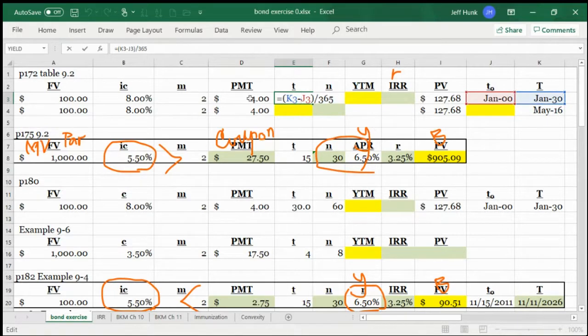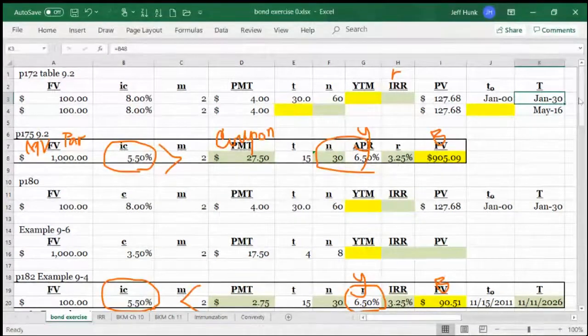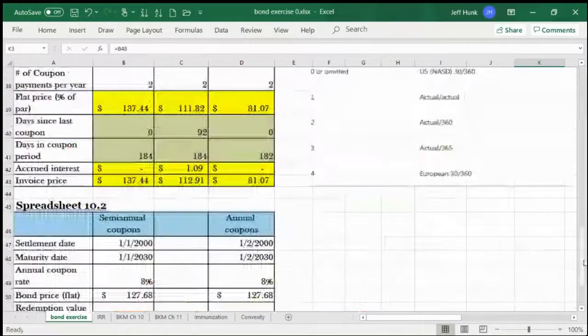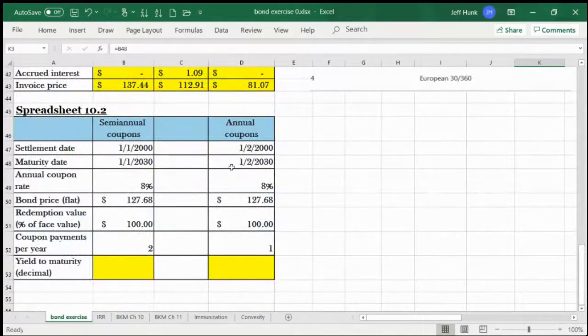And actually, these inputs were taken from the example we are going to do, using the yield command, right? Finding yield to maturity using the yield command. But I want to do this first.